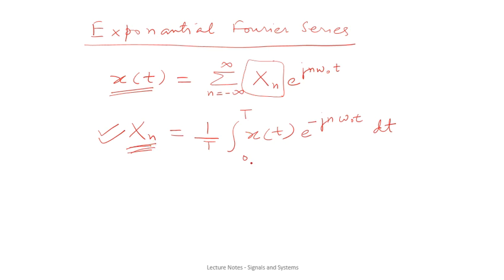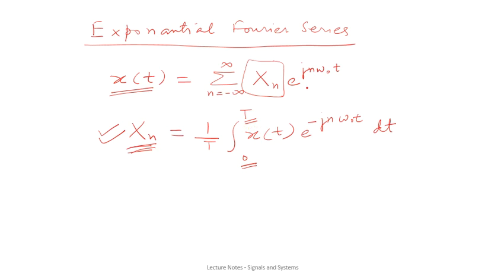This integration, from 0 to T, has to be performed over a full period. If the period is T, the limits can be from 0 to T, or also from minus T by 2 to T by 2. That is equally correct, so in order to simplify our calculations, we can use either of the two ways.